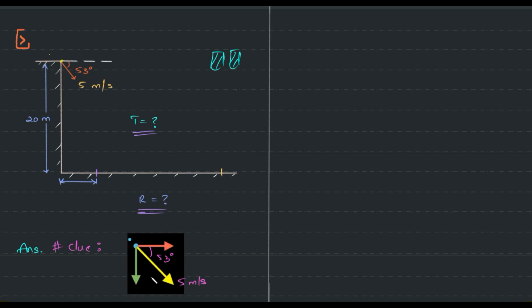Did you guys get it? So basically, your next clue is resolve the vectors. So this would be how much? This is adjacent to 5. So this will be 5 cos of 53°. And this will be 5 sine of 53°. We are taking down and right as positive direction.